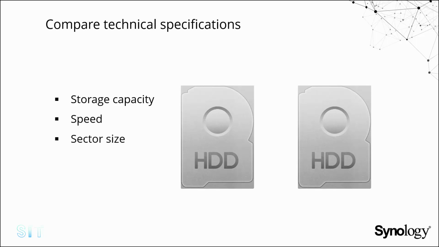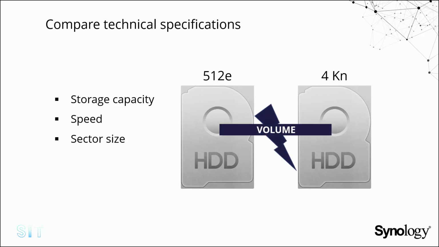With the sector sizes, we have to pay special attention because here we always have to use the same sector size and should never mix, as you can see in the picture, a 512 hard disk with a native 4K hard disk. If we risk this, the probability of a volume crash is high.